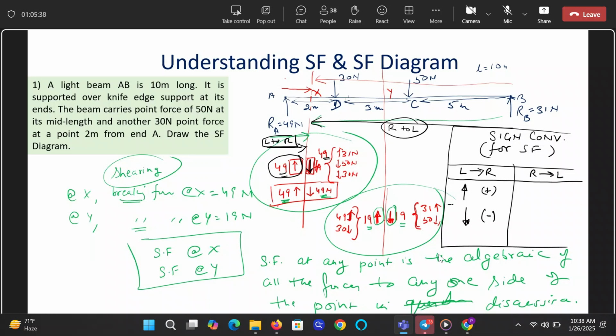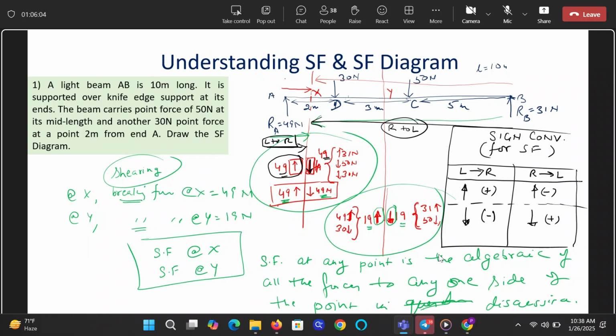And since we want to achieve the same end result, those coming from right to left will have to follow a reverse sign convention. That means for them, upward will be negative and downward will be positive. So if you remember one, the other can just be reversed. And why has this sign convention been reversed?